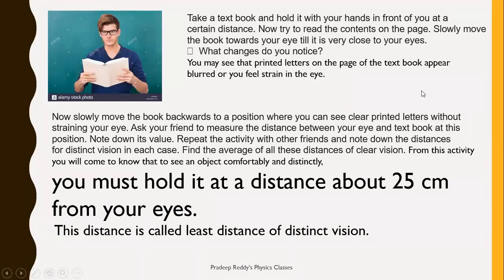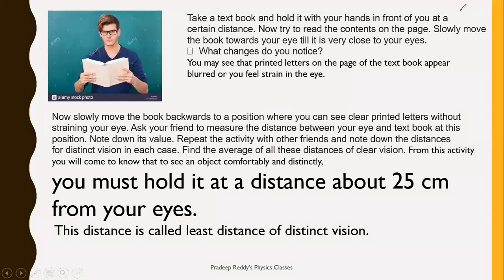As a part of learning about your eye and its uses and defects, let us do one small activity with your book which is placed in front of you. You can take a textbook, or whatever screen is in front of you.